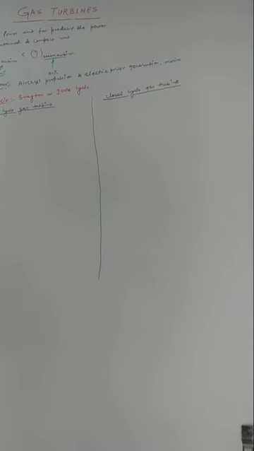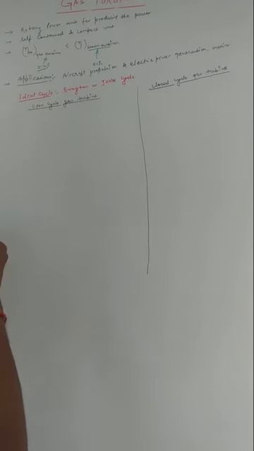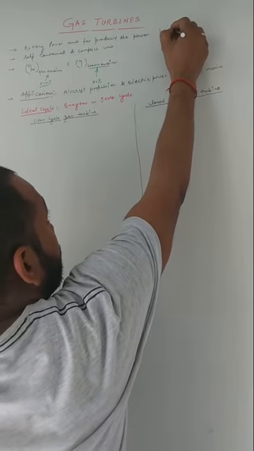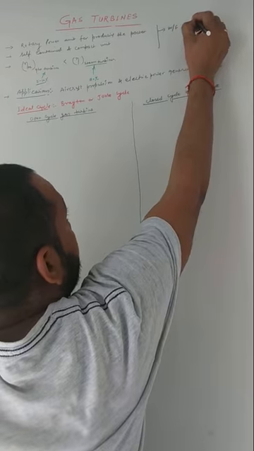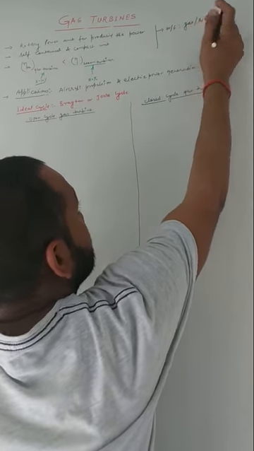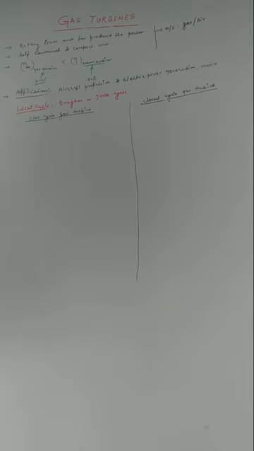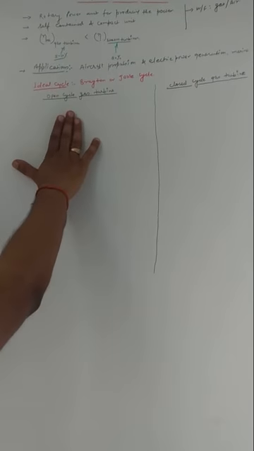In this open type of gas turbines, the working fluid is gas, a perfect gas. In general, we use air as a working substance. Okay, this air behaves like a perfect gas. In this case, the working fluid is not retained in the cycle.